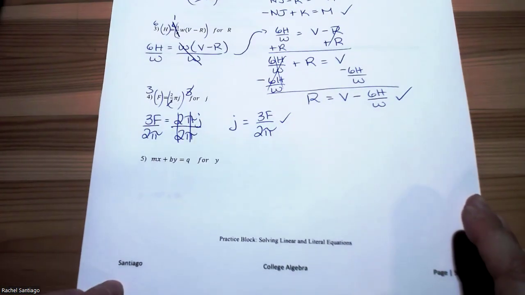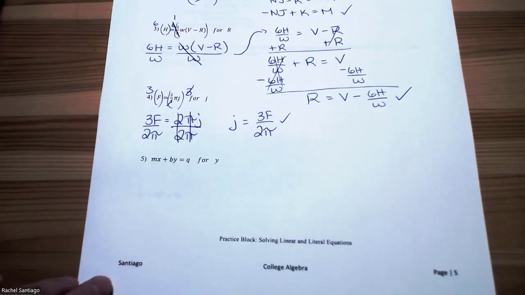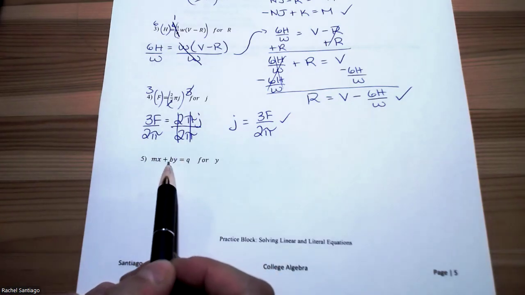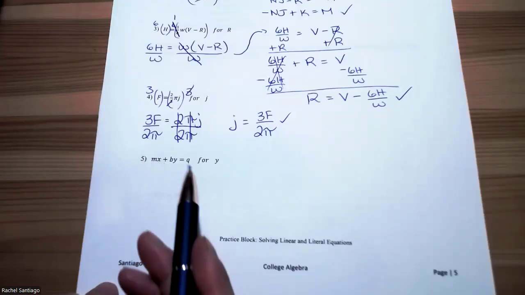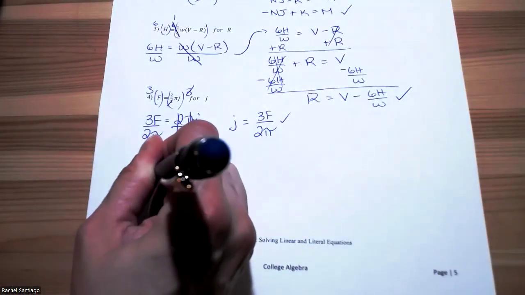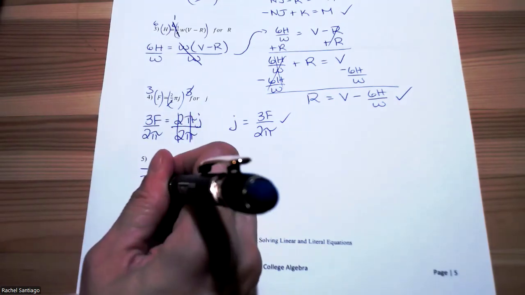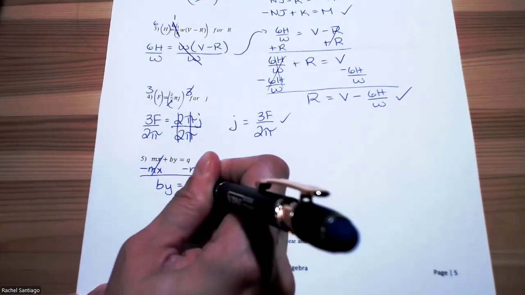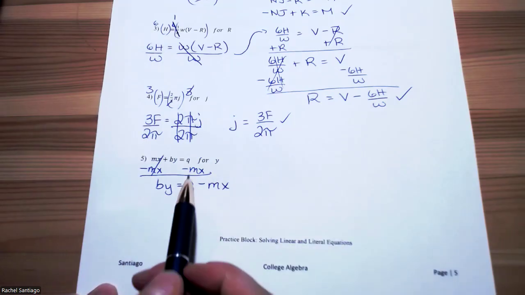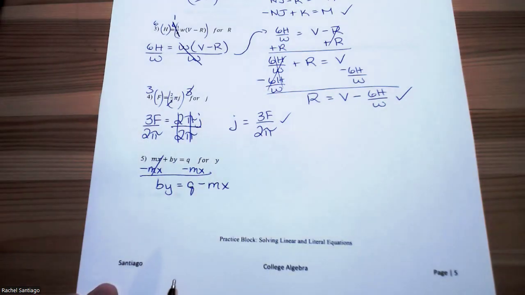And last problem of this block, which is very exciting, we want to solve for y, which means we're going to move this first term. Subtract mx from both sides. Boom, gone. We're left with by is equal to q minus mx. Exactly how we see it. Don't overthink it.